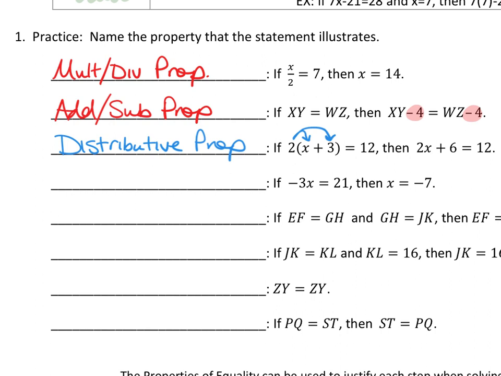Here's what else I notice. I notice that 21 is decently big and all of a sudden it says 7. So I know it's something that has to make numbers smaller. Absolutely, we have to divide it by negative 3. And the property that allows me to do that on both sides and maintain equality is called the multiplication or division property. That's the reason.